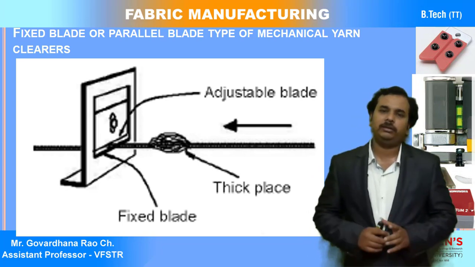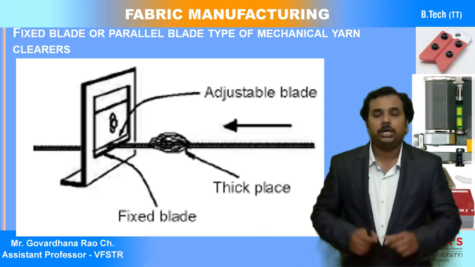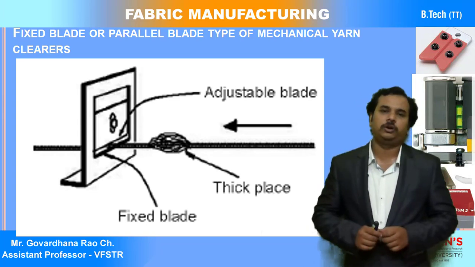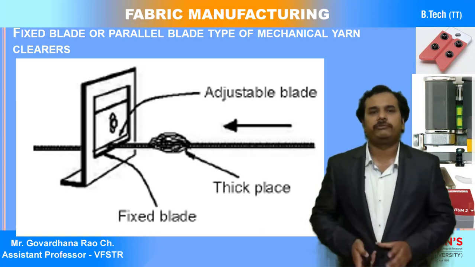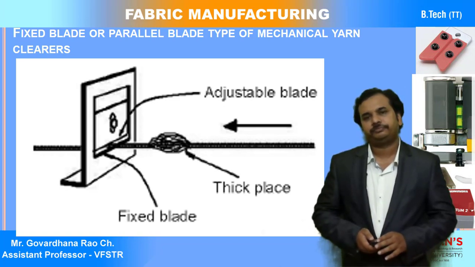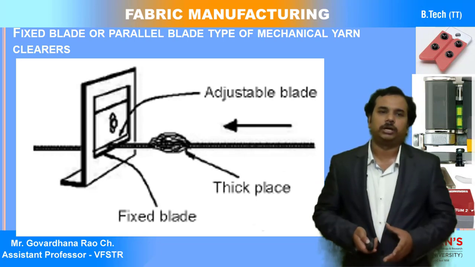Now after breaking, the worker or the tenter will come and join the two ends with the help of knotting or splicing mechanism. This is how the fixed blade type of yarn clearer, that is the mechanical yarn clearer, works.